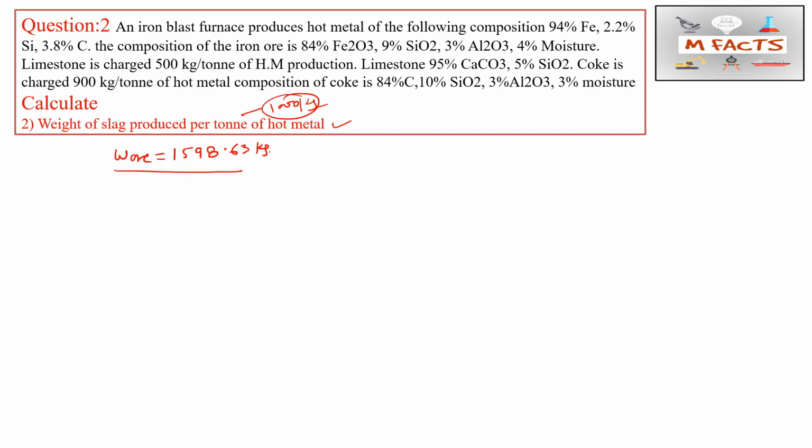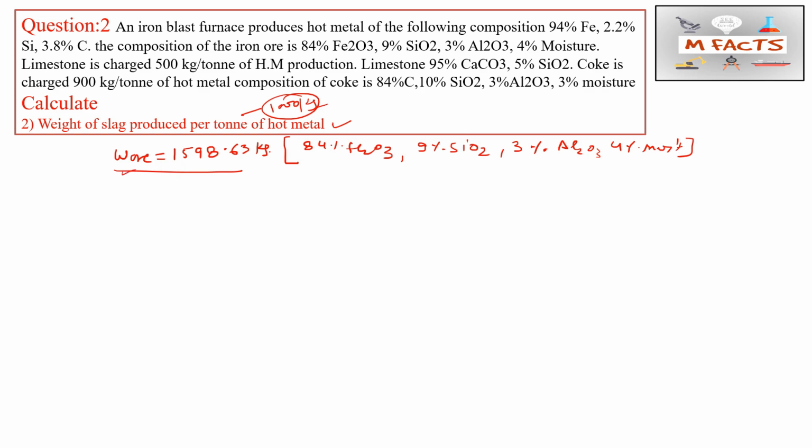The composition of iron ore contains 84% of Fe2O3, 9% of SiO2, 3% of Al2O3, and 4% of moisture. So this is the content of iron ore.